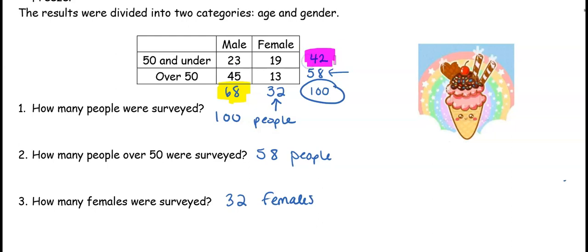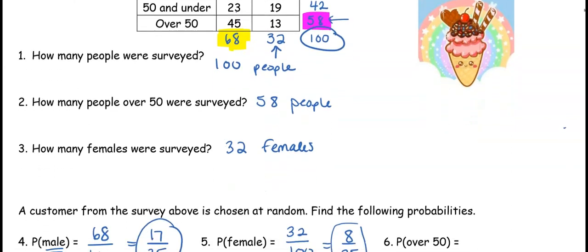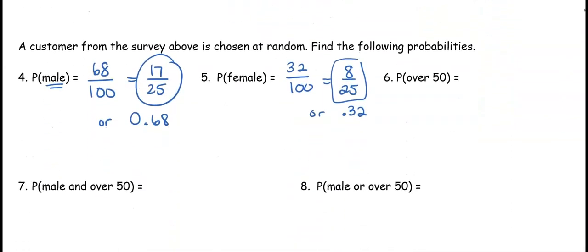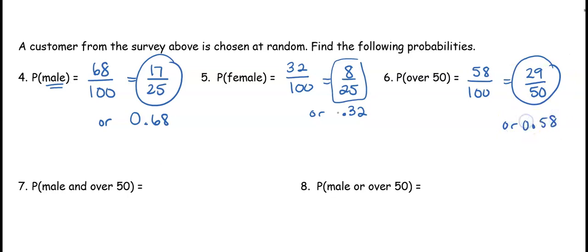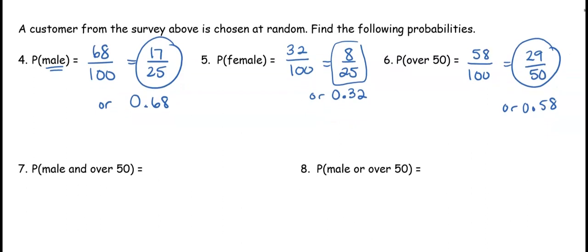Over 50 right here. It doesn't care if it's a male or a female. There are 58 people over 50 out of the 100 total surveyed. That reduces down to 29 over 50, which is 0.58. I should write those zeros in front.